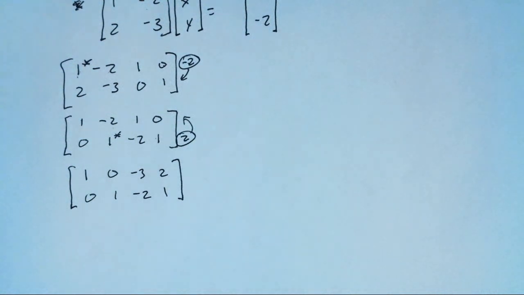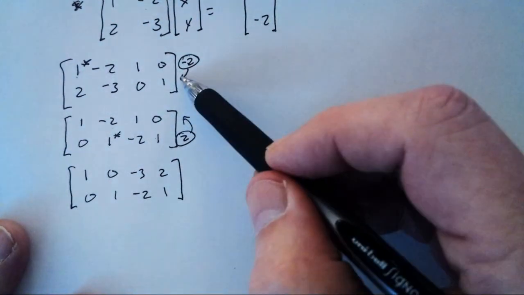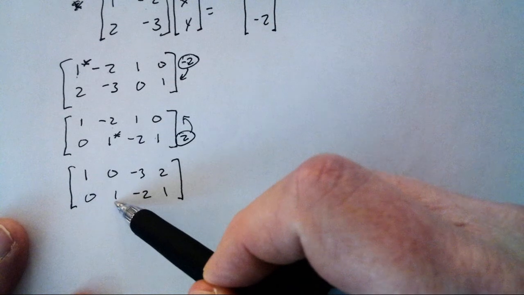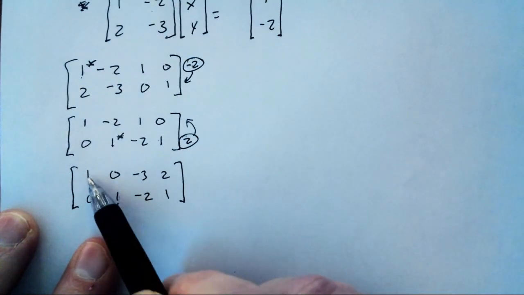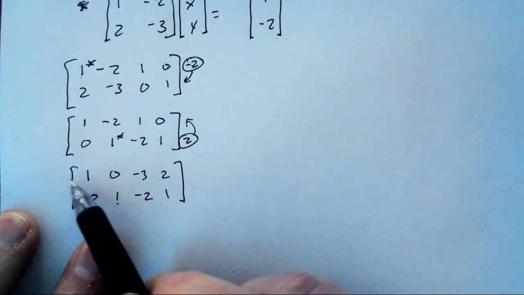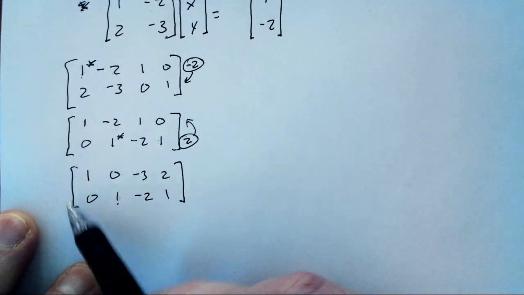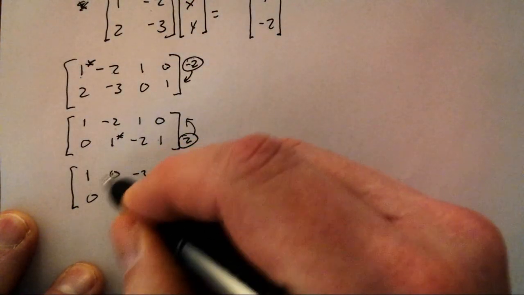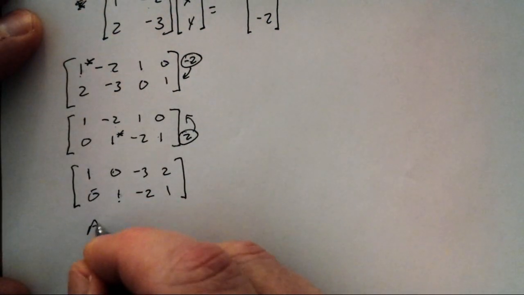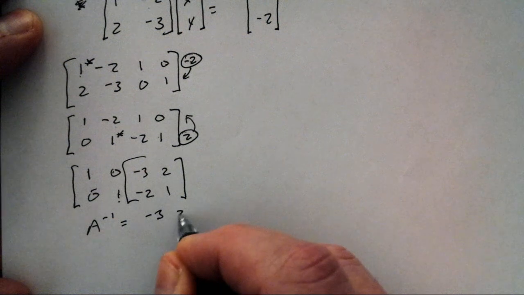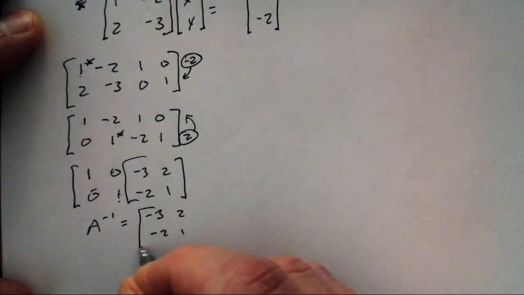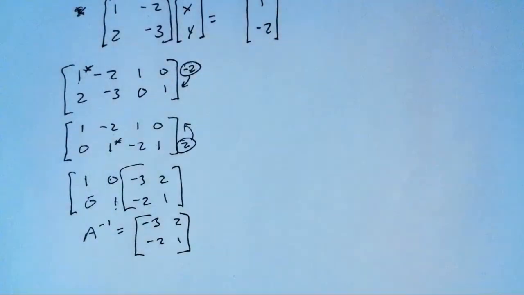We didn't have to do very much, like multiply rows, and we ended with 1s here. Once we get down to this position, it's possible we could have a 2 there and a 3 there, and if I did, I'd divide this row by 2 and I'd divide this row by 3. But now we know that A inverse is negative 3, 2, negative 2, 1. That's the second 5 points on this.